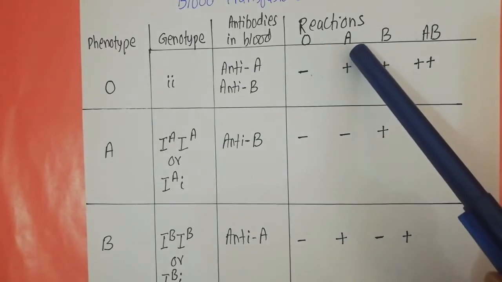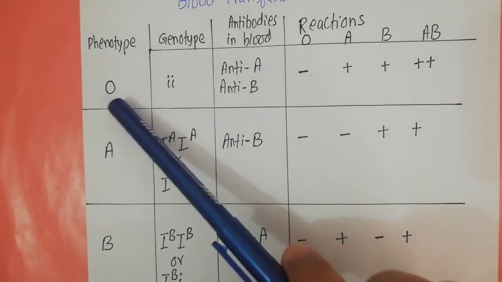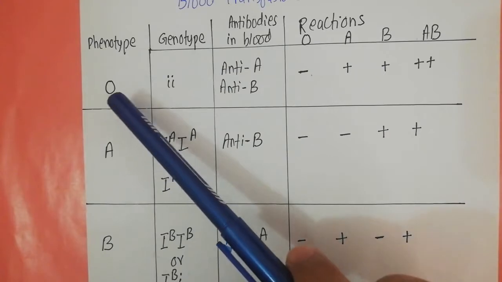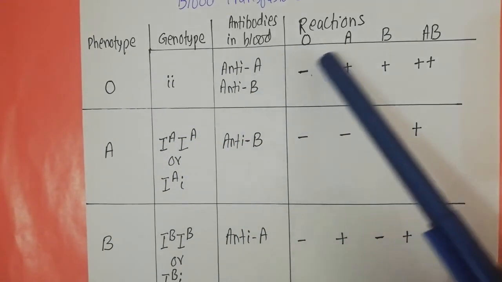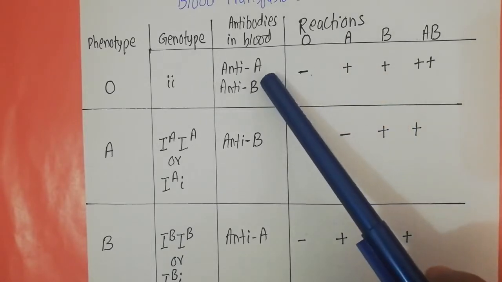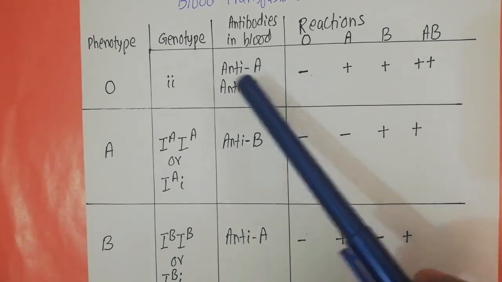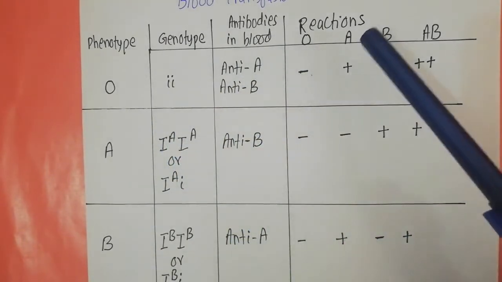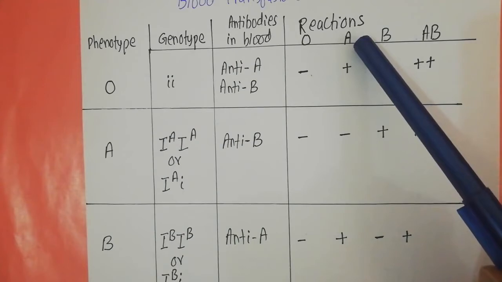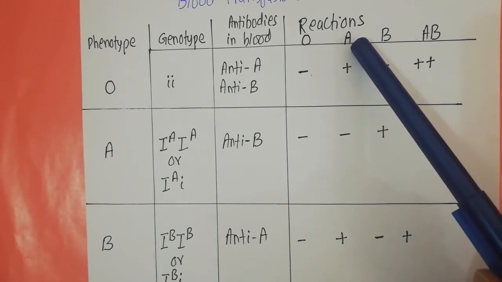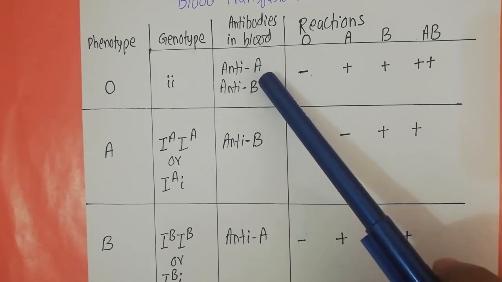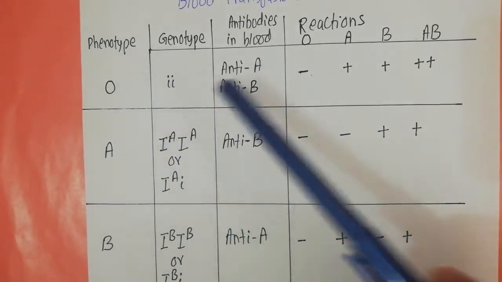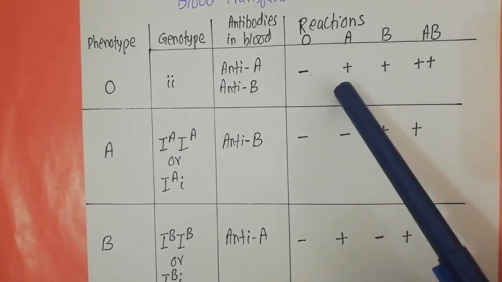When that antigen is foreign, the immune system of this person is going to make anti-A antibodies, because the antigen is A. So if you give an O individual A type blood, you are giving a foreign antigen, and the blood is going to clump with the help of these antibodies. So you cannot give an O type individual A type blood because there will be clumping.